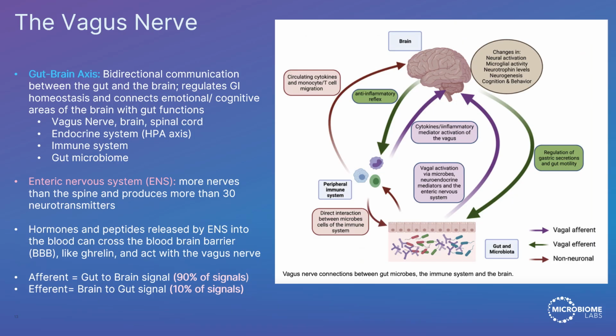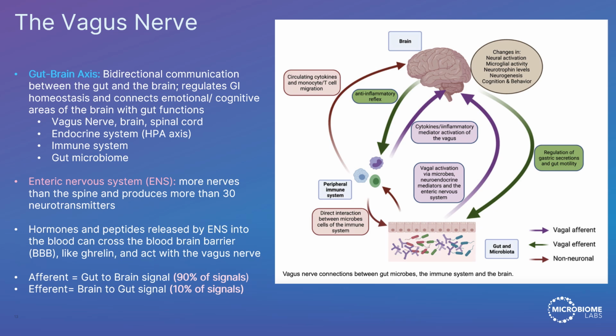The gut-brain axis is a bidirectional communication pathway between the gut and the brain. The primary mode of communication between these two organs is the vagus nerve, which is our longest nerve and our 10th cranial nerve. The gut-brain axis regulates GI homeostasis. It connects emotional and cognitive areas of the brain with specific gut functions.